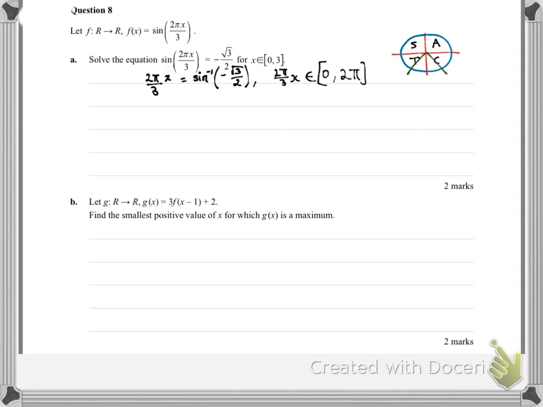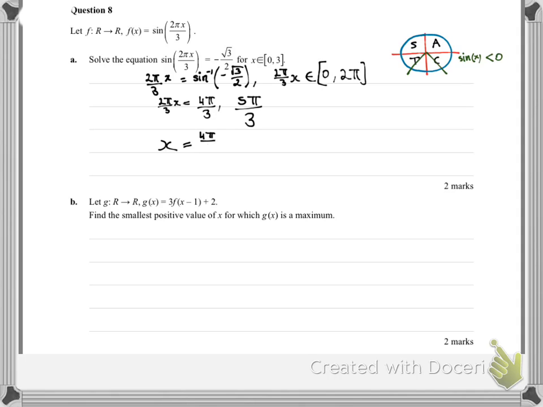So check the unit circle. Sine is negative, that's this negative value there, in the third and the fourth quadrant. And if we look up our table of exact values, we will have a pi on 3 angle. So it's 4 pi on 3 and 5 pi on 3, the two angles we're after, both of those angles.